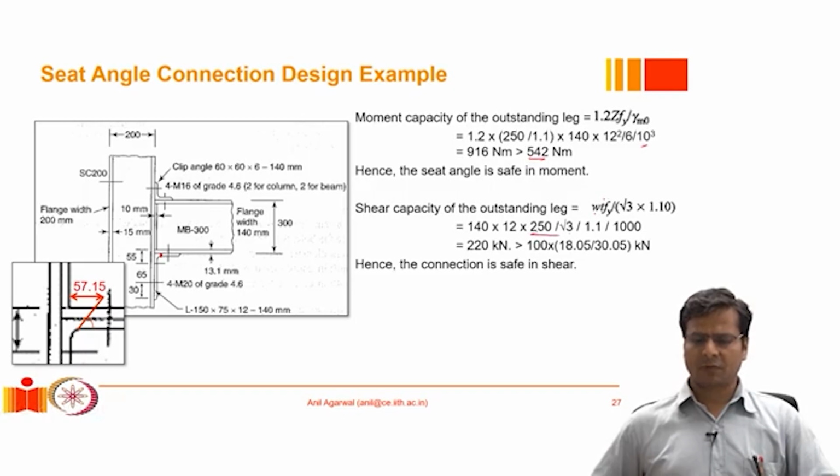So which is taken as 250 divided by root 3 divided by the factor of safety, and this is just to correct the units into kilonewtons, and as a result we get the shear capacity of the leg of this angle as 220 kilonewton, which is much greater than the overall shear force demand, but actual shear force acting at that interface is only much smaller than 100 kilonewton. Therefore, this connection is safe to resist the shear as well.